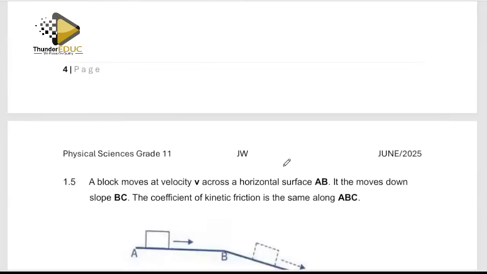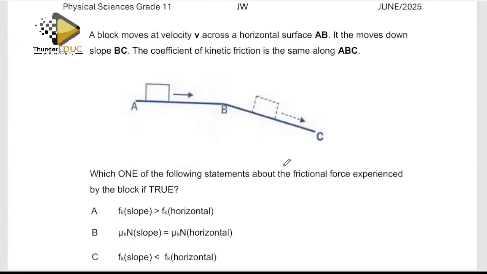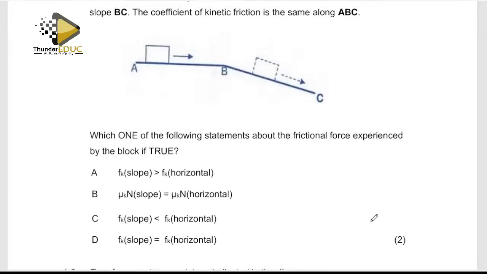Then 1.5, the block moves at a velocity v across the horizontal surface AB. If it moves down the slope BC, the coefficient of kinetic friction is the same along that. Which of the following statements about the frictional force experienced by the block will be true? The question is talking about the kinetic friction experienced by the block.